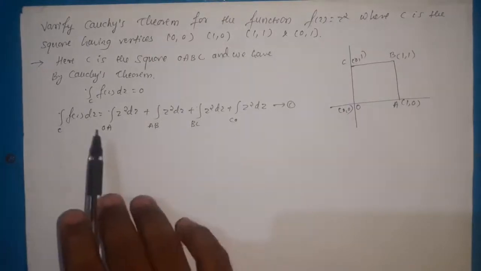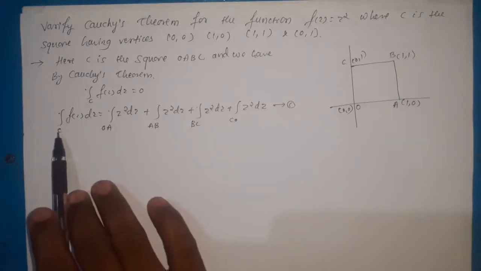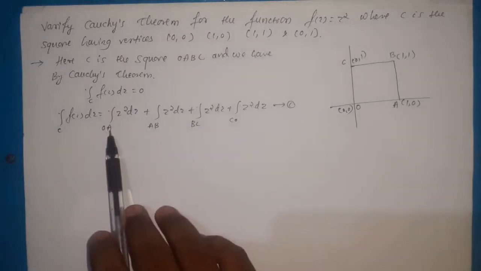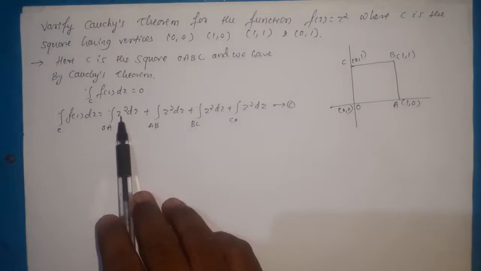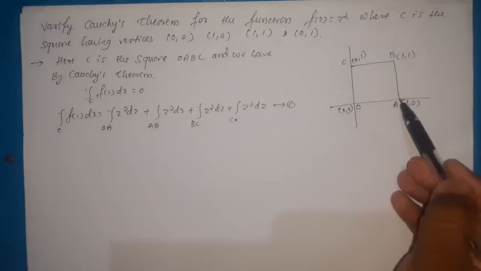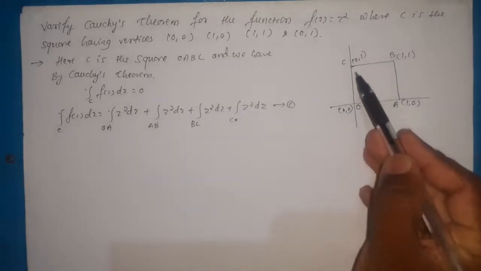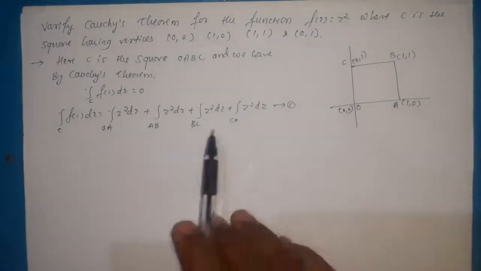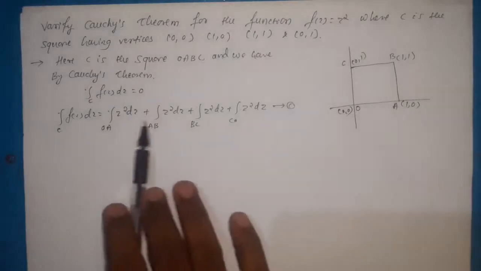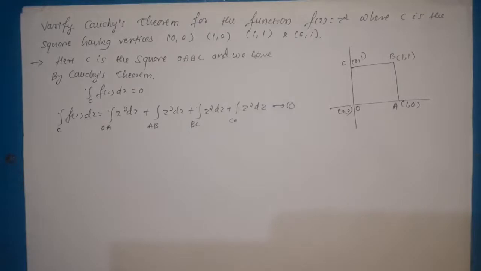So let us consider the square as four straight lines, such that integration over OA of z square dz plus AB, BC, CO, and the function will be the same on each and every line. And now we need to find all these four integrals, and finally we need to prove that the sum of all the four integrals is equal to 0.